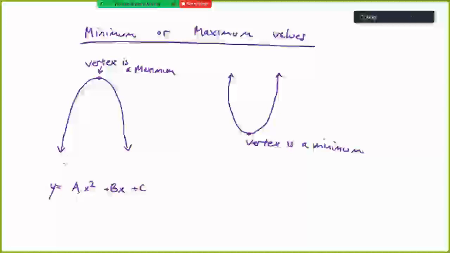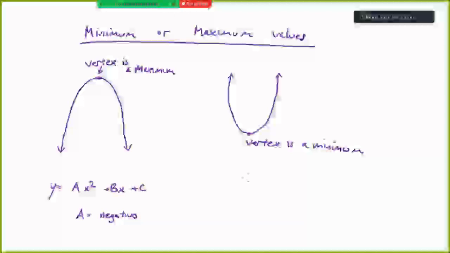So for downward facing, a is negative. So basically, the whole thing looks like negative x squared. Maybe there's some other number, but a will be negative. And then the quote unquote normal ones are when a is positive. Those are the ones we like.